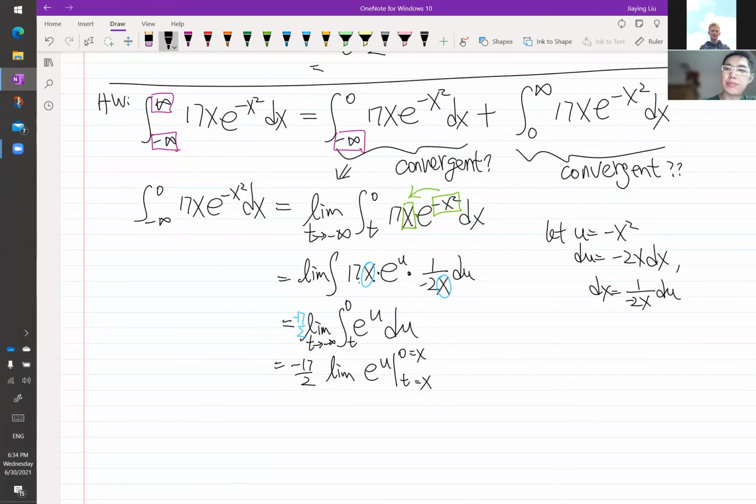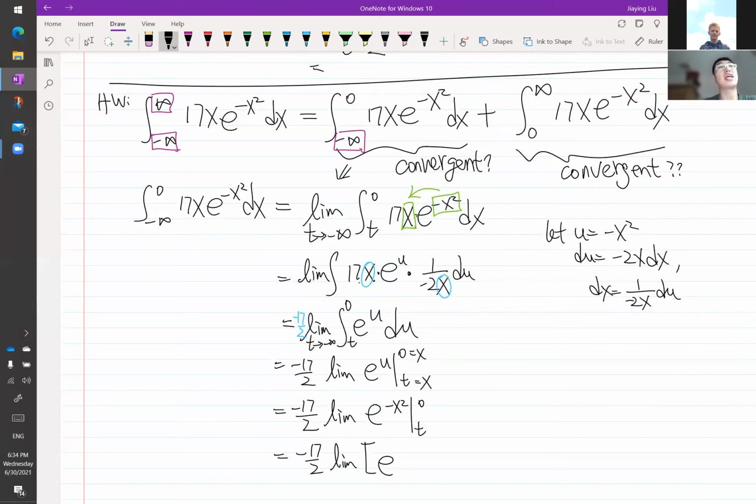Now we can put in the u there. So that's negative 17 over 2 limit of e to the negative x squared, evaluated from t to 0. That's negative 17 over 2 limit. Now I'm going to plug in the 0, plug in t, so that's e to the negative 0 squared.